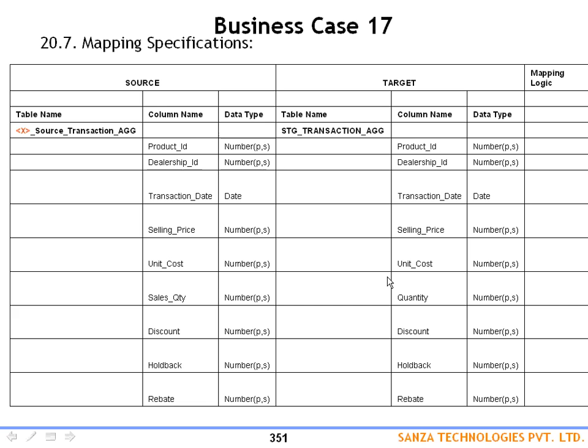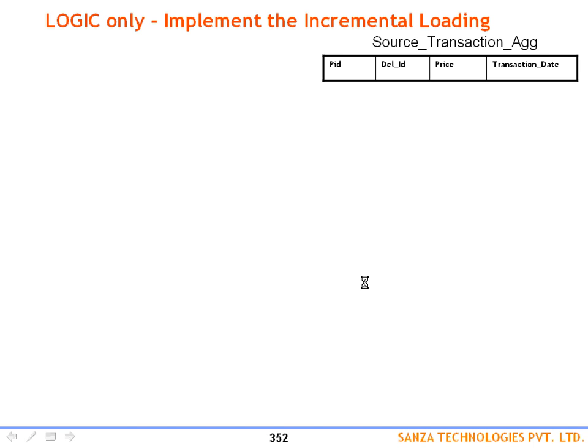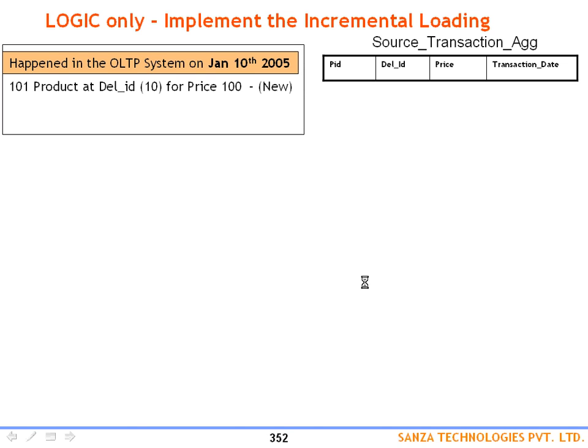Now we are going to discuss the logic of the incremental loading strategy. Then we will discuss how to implement it in Informatica. Please observe this example, a very important concept in data warehouse projects. In the OLTP system, I have a source table.